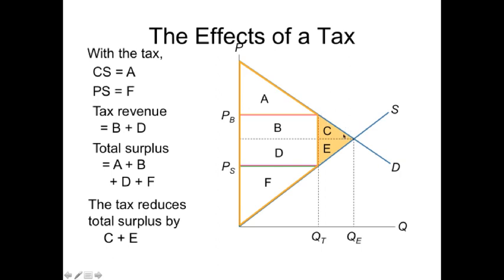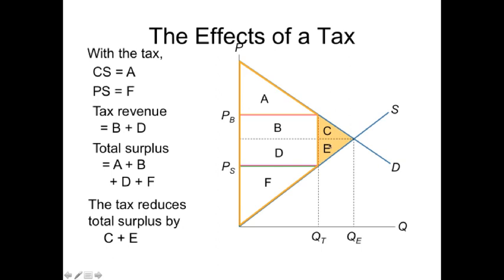All of these buyers on here in the demand curve, they were getting surplus. They thought it was a good deal to buy it for the equilibrium price, but with the tax in place, they no longer think it's a good deal to buy the product, so they don't buy the product. So that consumer surplus doesn't happen anymore. That's why we say it's gone.